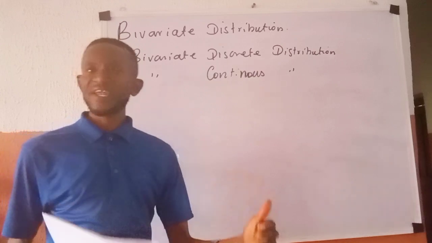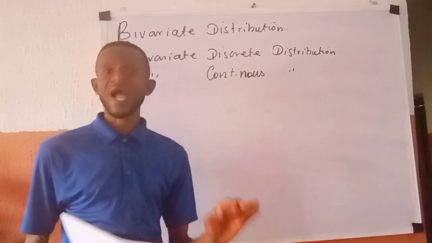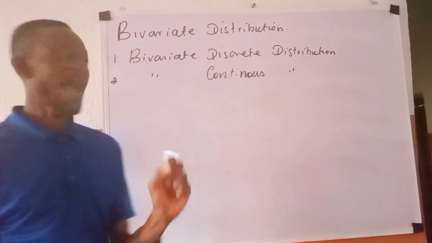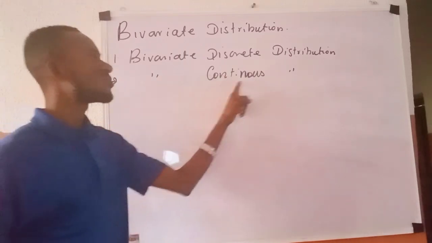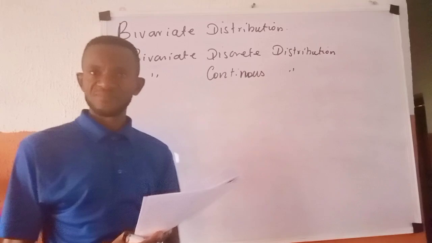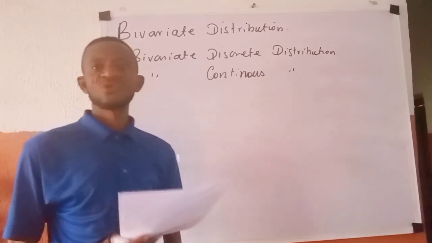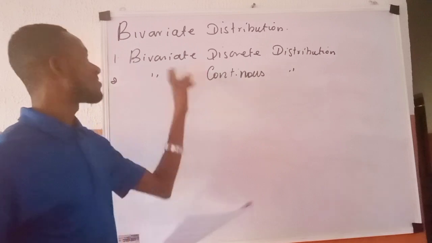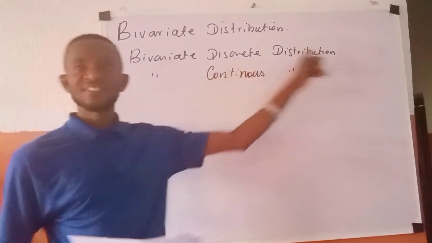However, when the two random variables x and y involved are both continuous in nature, we describe the distribution as bivariate continuous distribution. Today, for now, we are going to concentrate our discussion on bivariate discrete distribution.